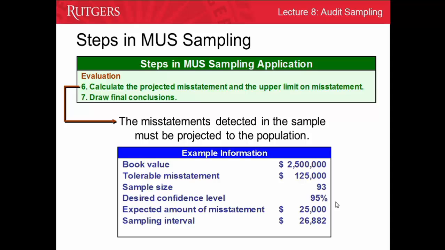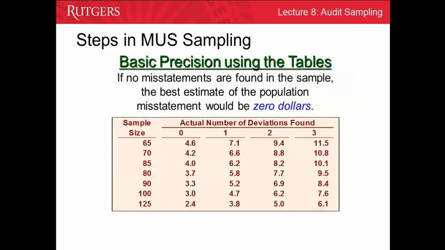The expected amount of misstatement is $25,000. The sampling interval is $26,882. This is the number in the example that we have used before.